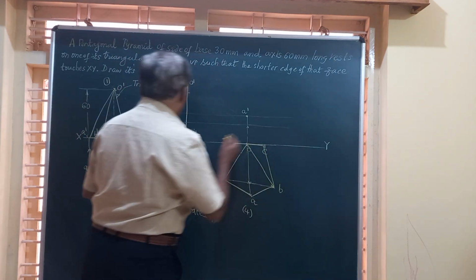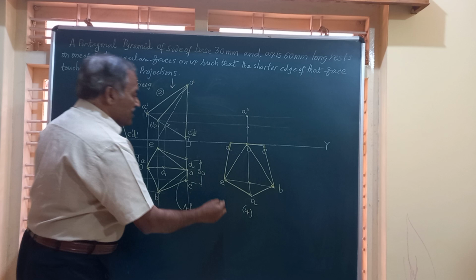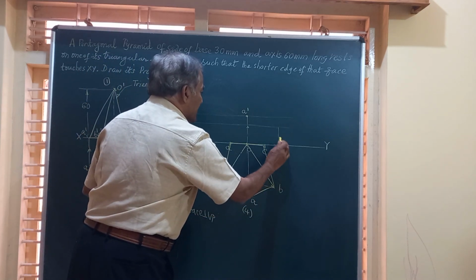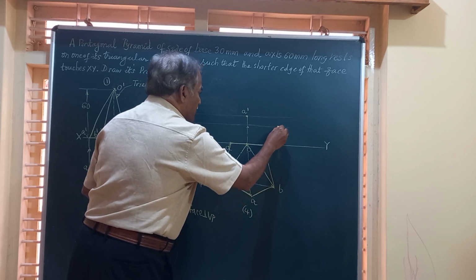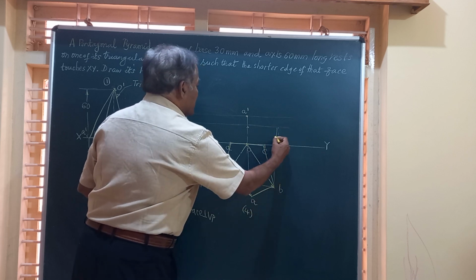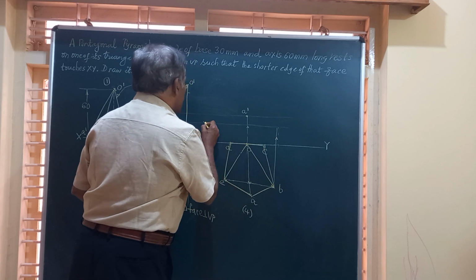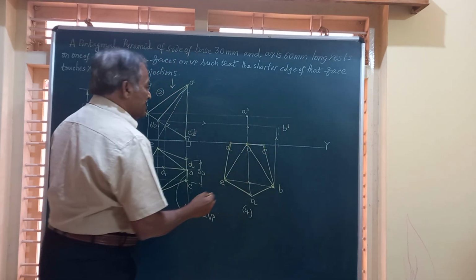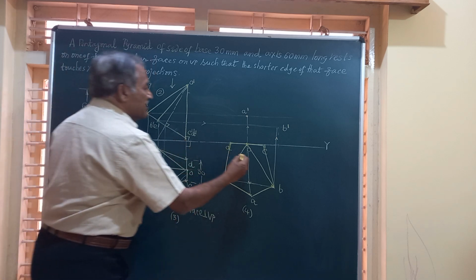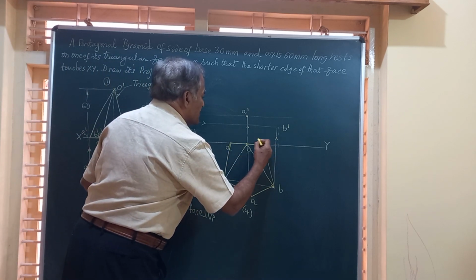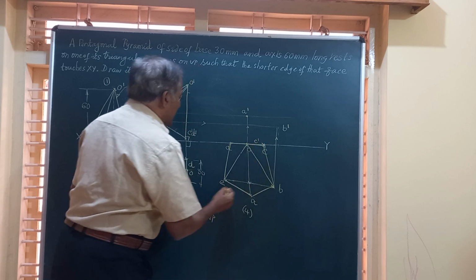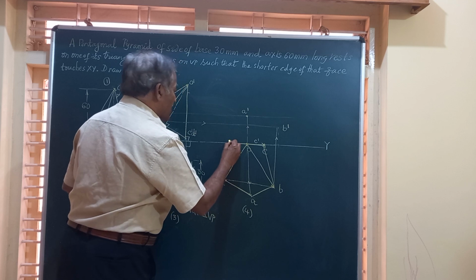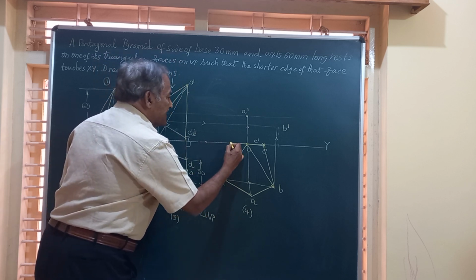So I draw a horizontal line from B dash, a vertical line from here. The point where those two intersect will give you the point B dash. So this is the intersection, this is B dash. So I got A dash, B dash. Then friends, C and D are here. So this is going to be the point C dash, and similarly D, vertical from D and horizontal from here, they meet here.